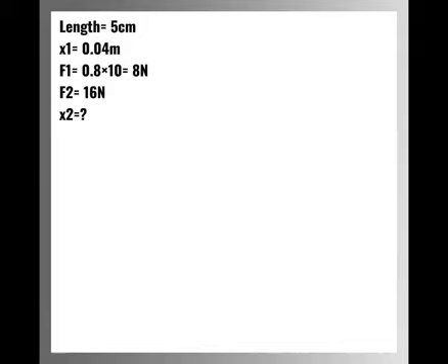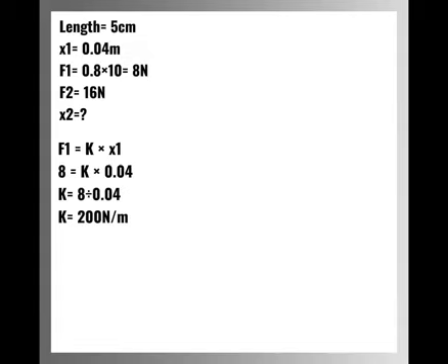In questions like this, the first thing we need to do is find the spring constant K. So we go like this. Force 1 equals constant times extension 1. 8 equals constant times 0.04. Making K the subject of the formula, we have K equals 8 divided by 0.04, giving us 200 Newton per meter.